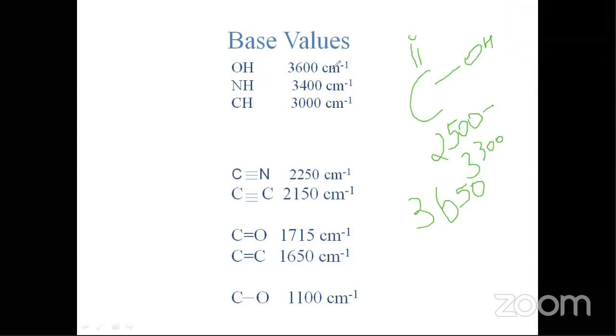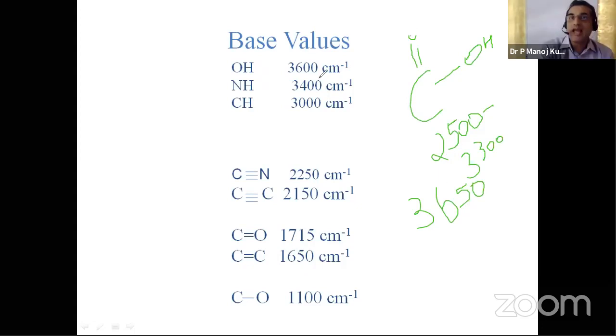So later on, it will help you in remembering these values. Similarly, NH can be a part of an amine or an amide. Similarly, C triple bond N can be a part of an aromatic C triple bond N or aliphatic C triple bond N. So depending upon the environment around this OH group or NH group or CH, this value will change. But that value I can easily remember, provided I know these base values.